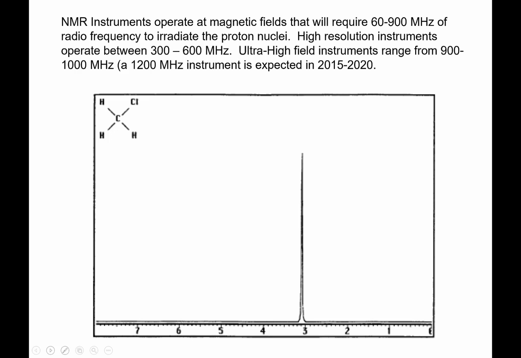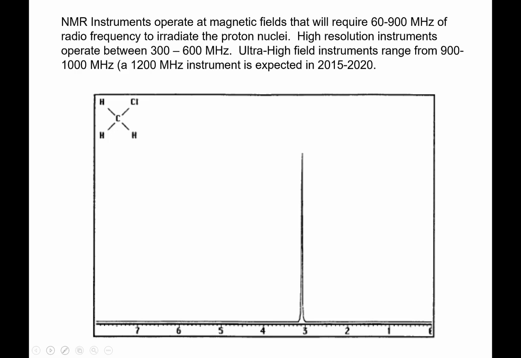And from this spectrum, where the peak is on the scale, which I'll talk about next week, and the size of the peak, which we can integrate like a GC, tell us how many hydrogens there are in that peak. And from something else called splitting, we'll be able to put the structure together.